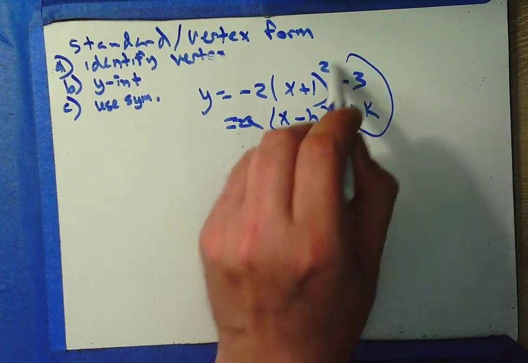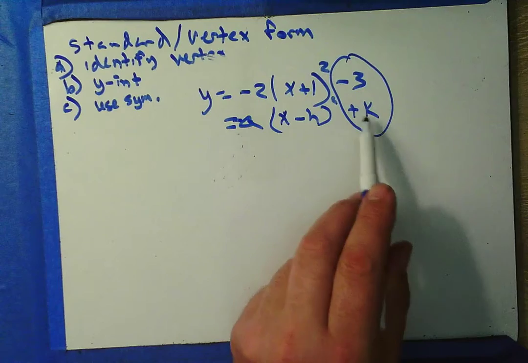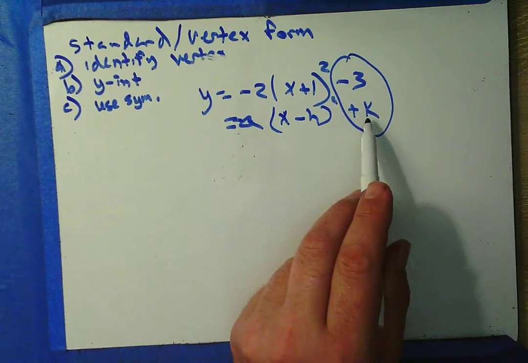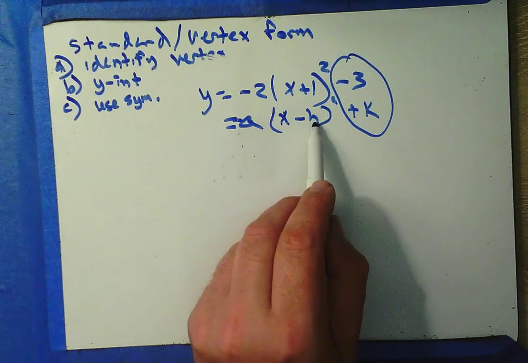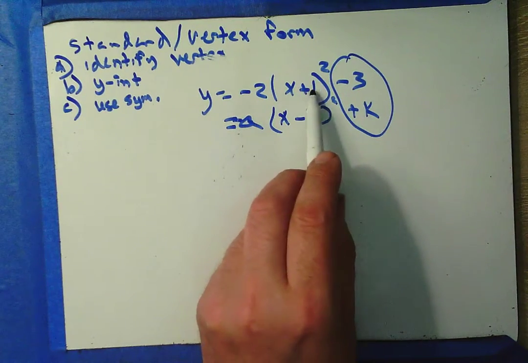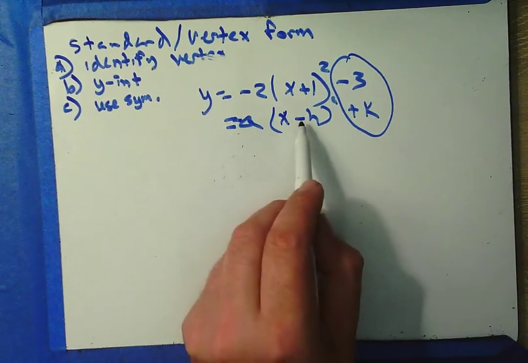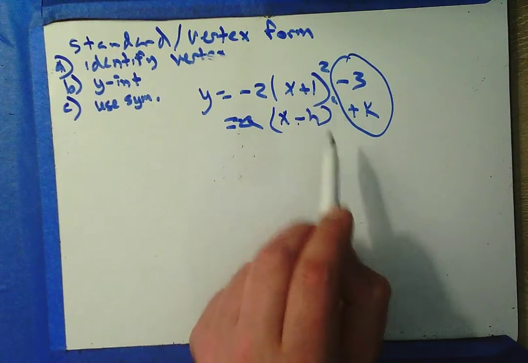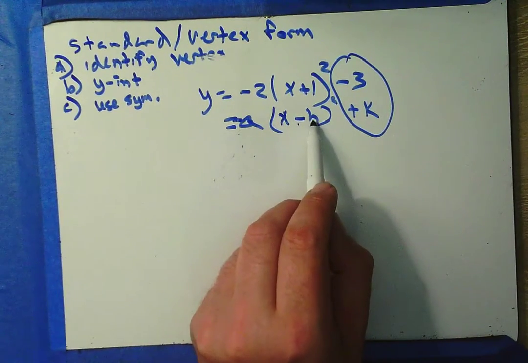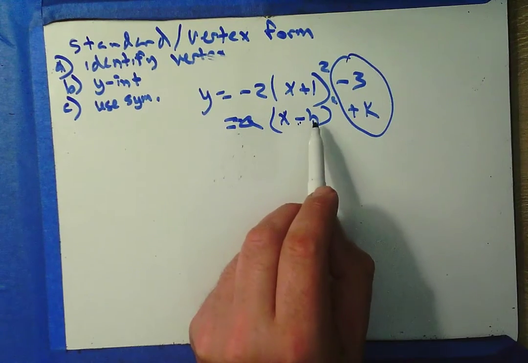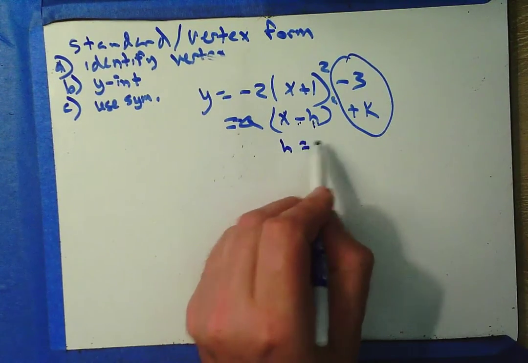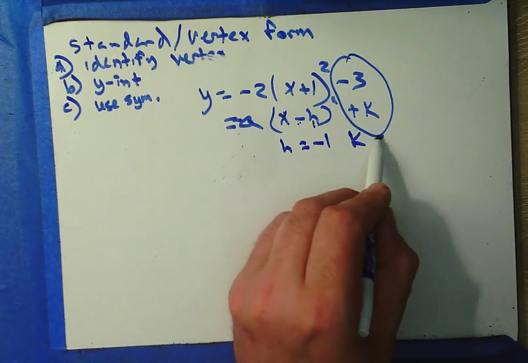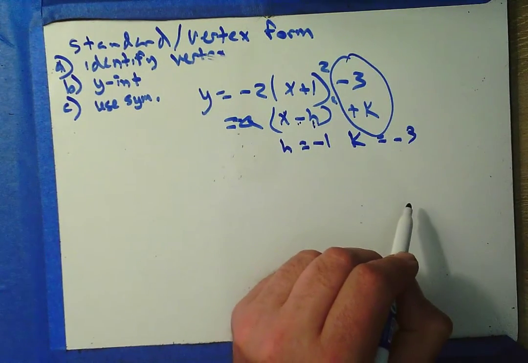I know that k is now negative 3. The y value at the vertex is negative 3. But what about here? What number must I have plugged in for h so that I see a plus 1 here? Well, there's a minus here, and I see a plus here, and I must have plugged something here that changed this sign. I must have plugged a negative number in here. So my h is negative 1, and my k is negative 3.